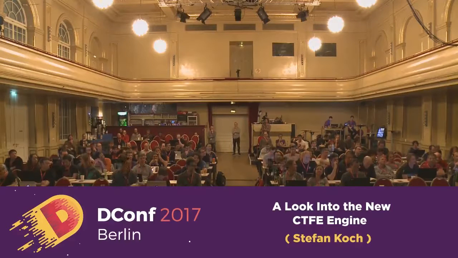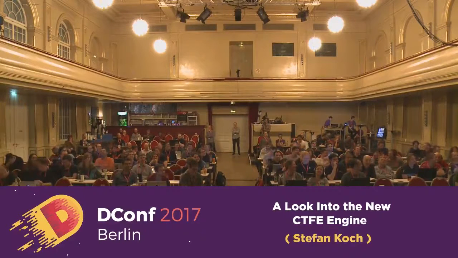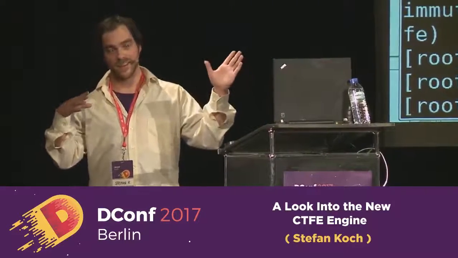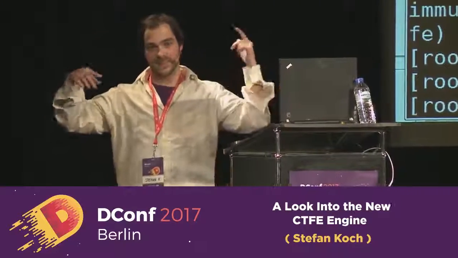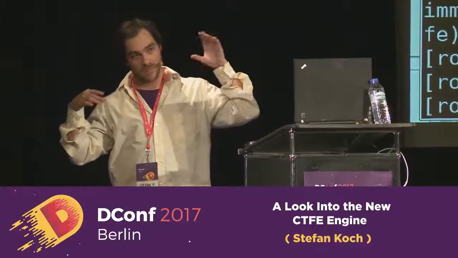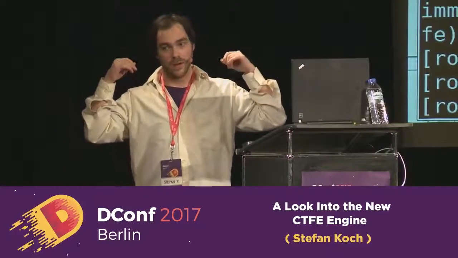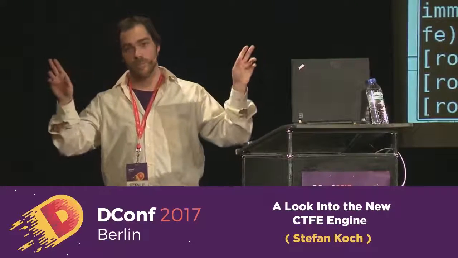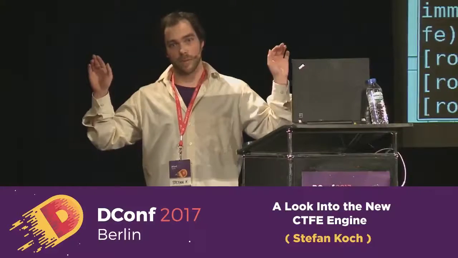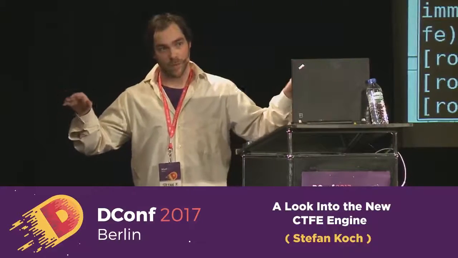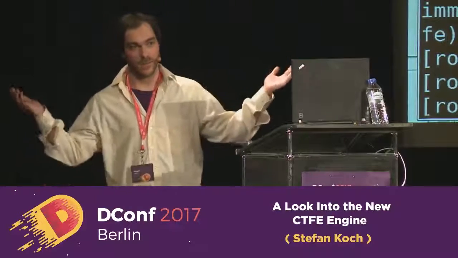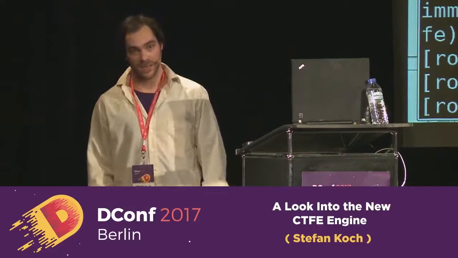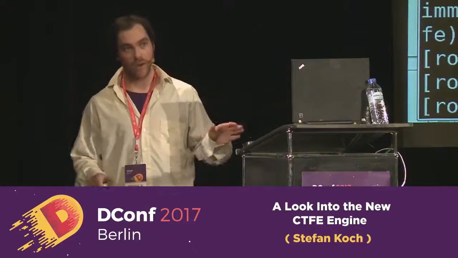No. The problem is there are semantic dependencies in CTFE, and sometimes a function is not really ready for code generation. It should be in all cases if the world were fine, but the world isn't fine, and so there are issues. And the second, more important issue is I don't understand the code generator.